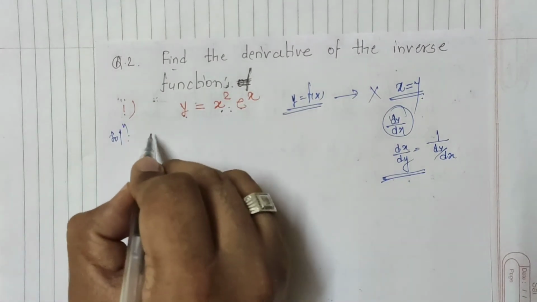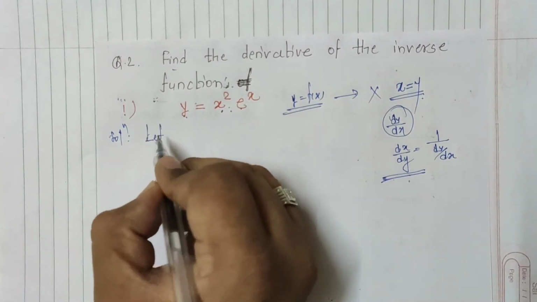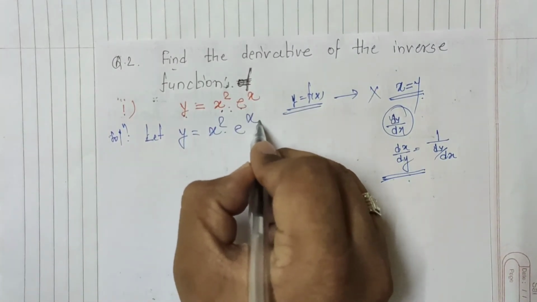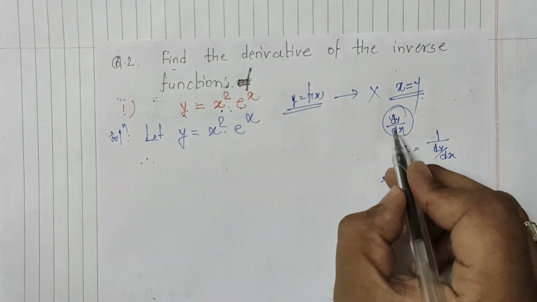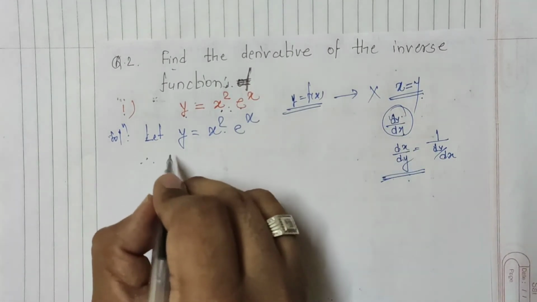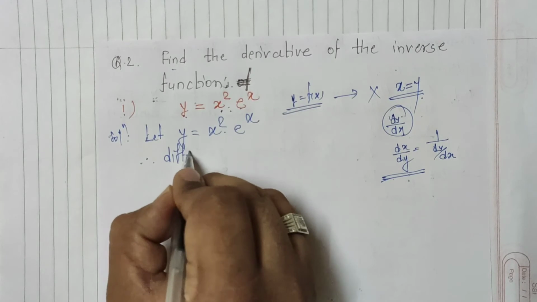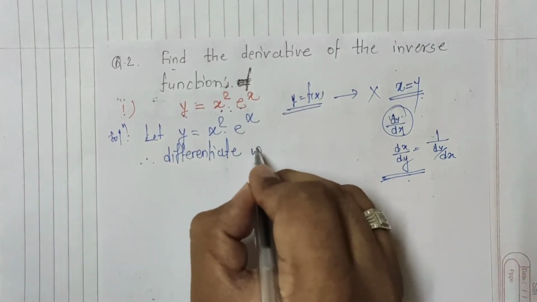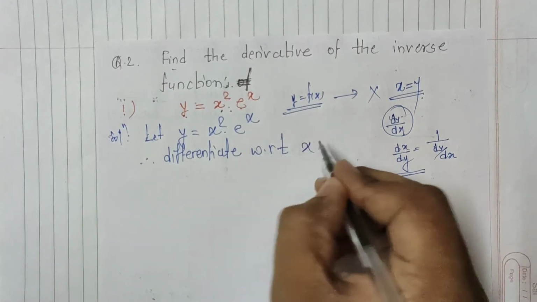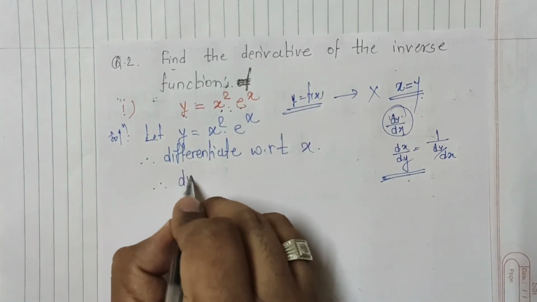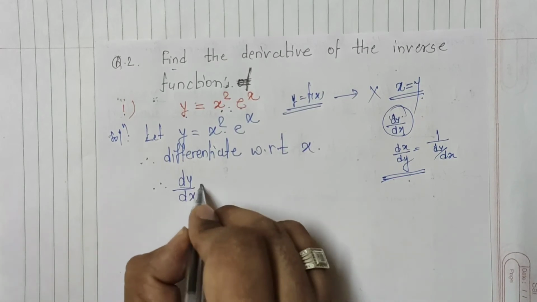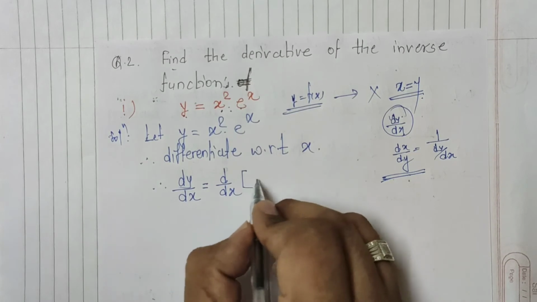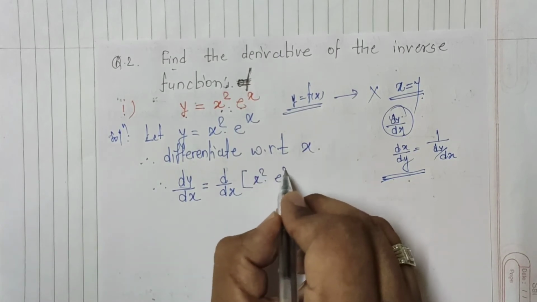Solution: let me consider the first example, y is equal to x square into e raised to x. So we have to first differentiate y with respect to x. Therefore, dy upon dx is equal to d by dx of x square into e raised to x.